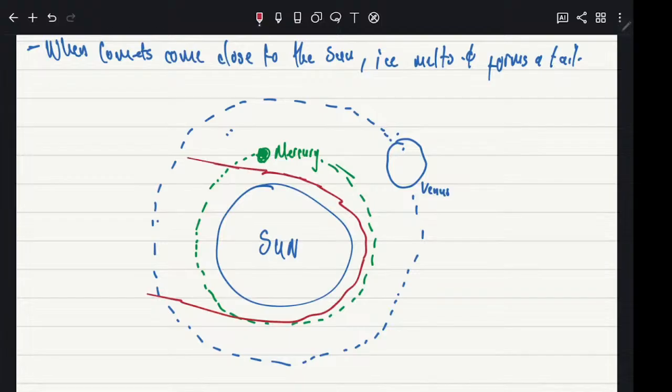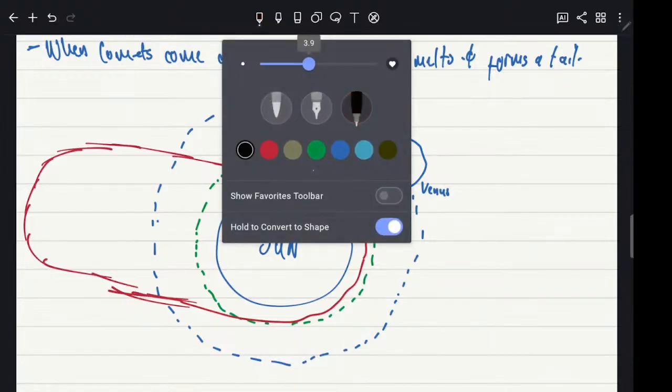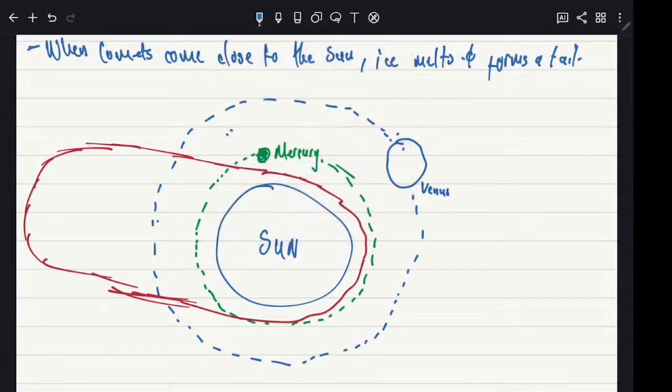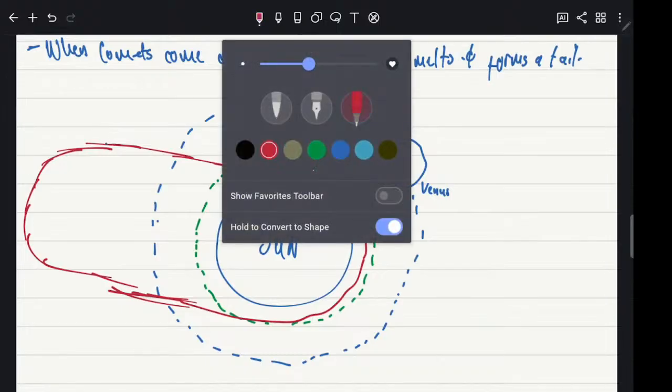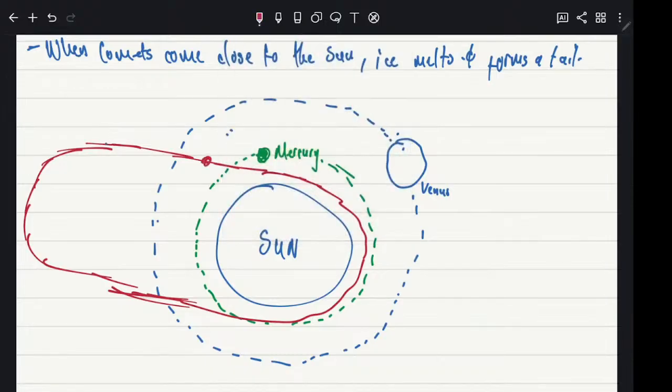Then this side, it actually now goes far like this. Can you see? Are you seeing? And now this is your comet. When it's close to the sun, the ice on it melts. Then you're going to see tails on your comet.